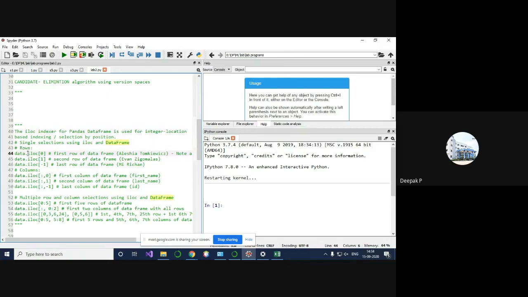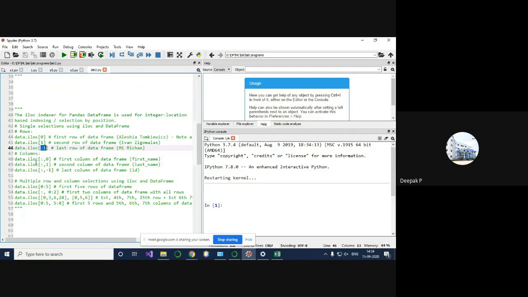We have studied this. iLoc of 0 gives the first row of the data frame, or the instance. Data frame is nothing but instances here. 1 gives the second row. If I give -1, as with an array where you get the last value, since the data is in the form of rows, I will get the last row.